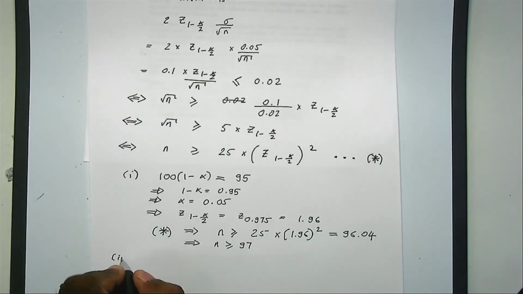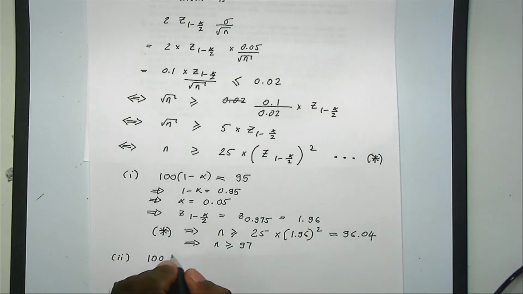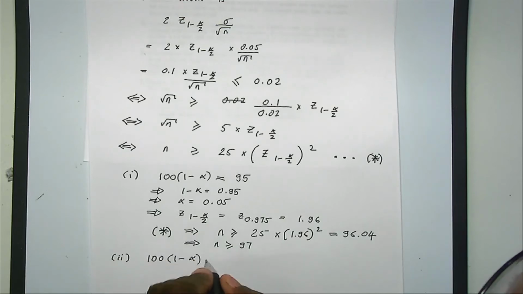Part 2, we want 100 times 1 minus alpha to be 99.